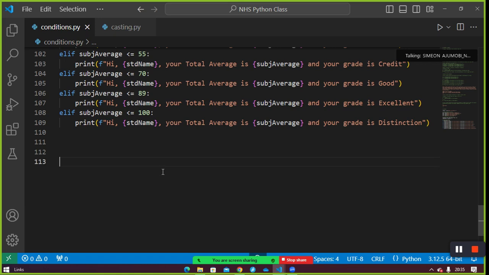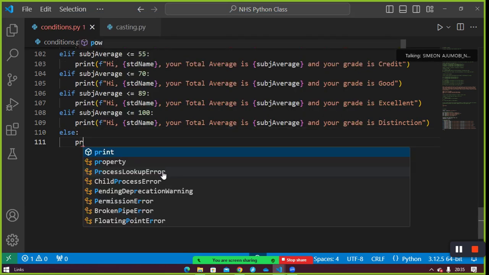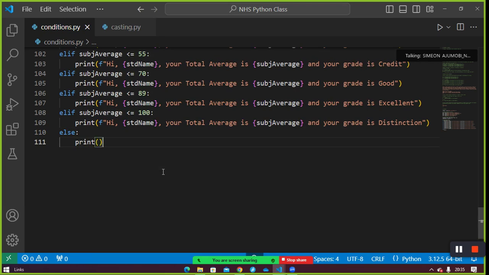You can say else. You print, there is something wrong with your result.